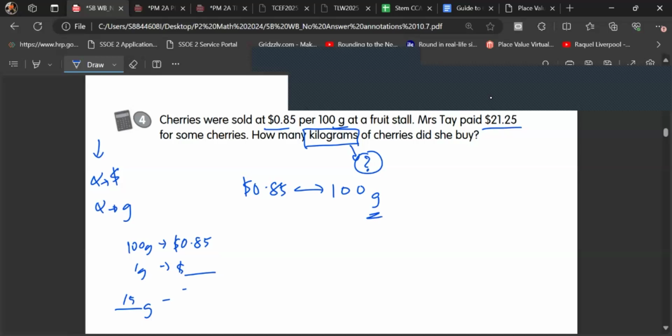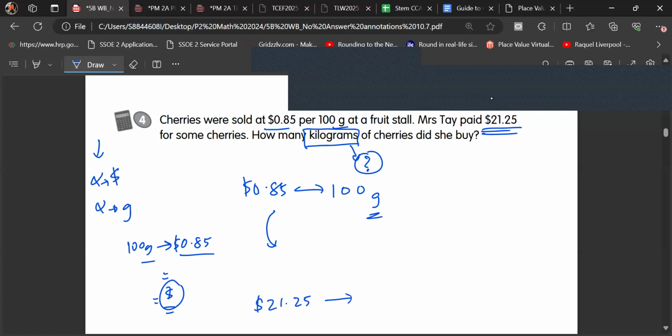It's asking how many kilograms. This on the left side is, I am finding dollar sign as the answer, which is given here. I don't need that.